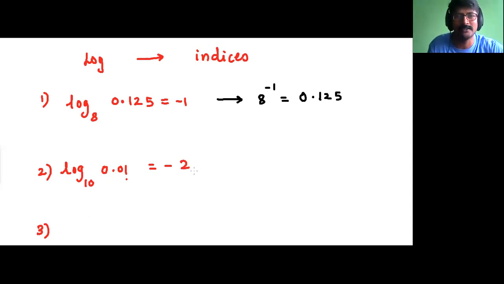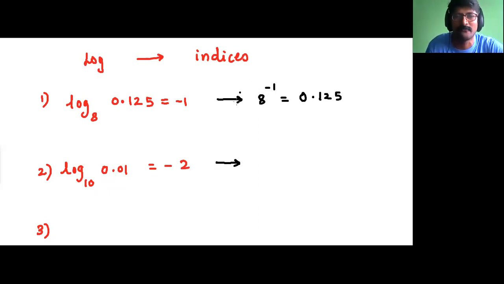You understand how to read this? Read along with me again: log 0.01 to the base 10 is equal to minus 2. Very good. That's nice. Now, how do we convert this into the indices form?